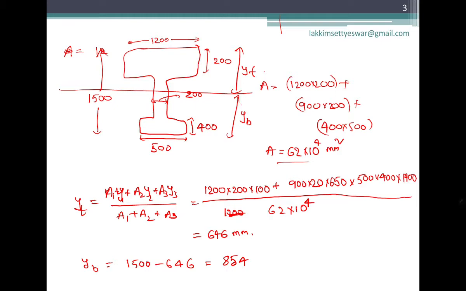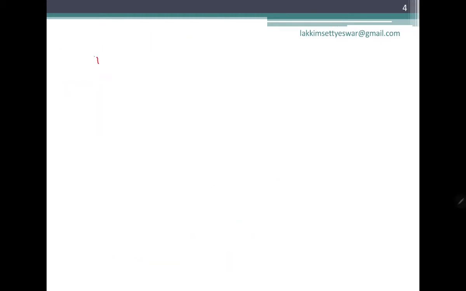Now we need to calculate the moment of inertia for the given section. Moment of inertia is equal to BD cube divided by 12 plus A H square. B is the width, D is the depth, A is the area, H is the distance between the individual centroid and the centroidal axis.